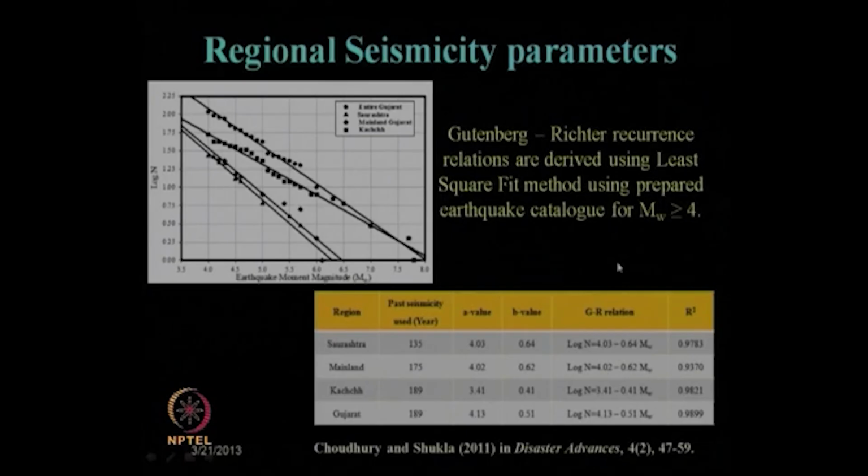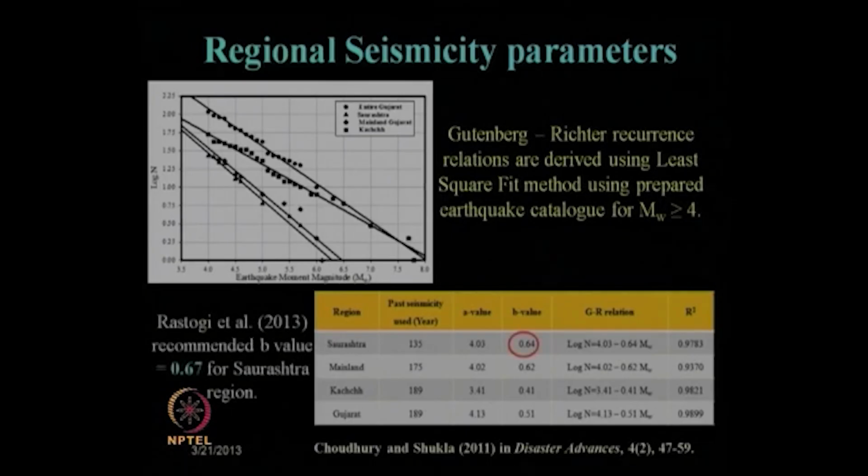Correspondingly, the Gutenberg-Richter coefficients, the a coefficient and b coefficient, are obtained using this LSF method. The b value obtained by this method for the Saurashtra region is 0.64, which was proposed by our result in this 2011 journal publication. That has been again validated by Rastogi et al. in 2013.